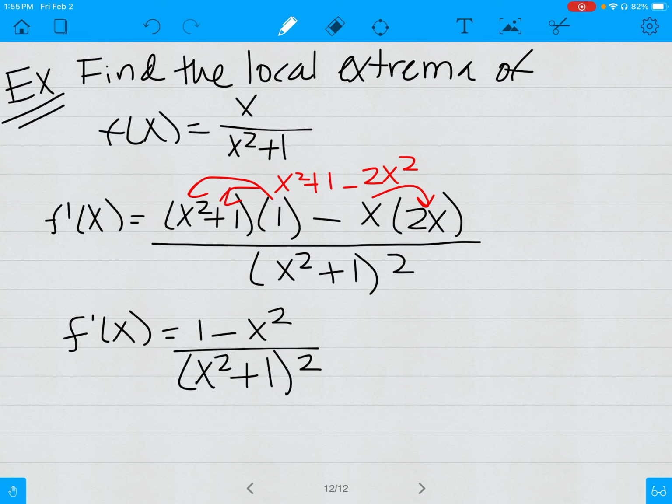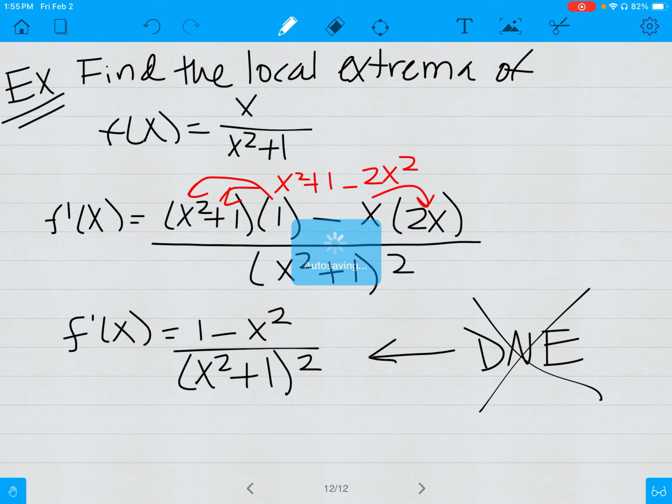You'll notice this doesn't have any places where the derivative is not going to exist. Major things that cause the derivative to not exist are things like dividing by 0 or taking the square root of a negative, things like that. Here, if I look at my denominator, this is actually never going to be 0, right? No matter what I put in for x, even if I put 0 in for x, I'd have 0 squared plus 1, that's going to be 1 squared.